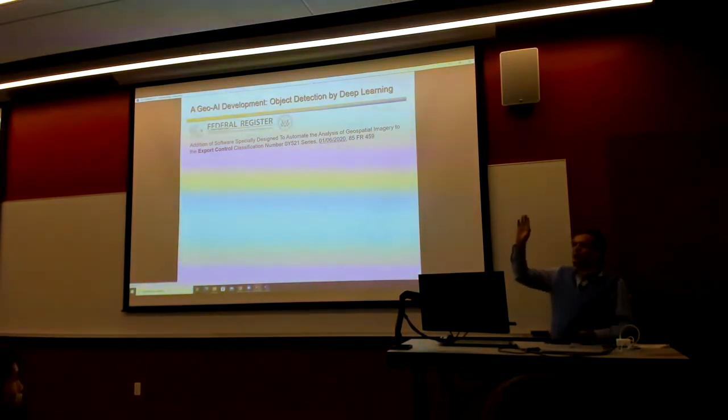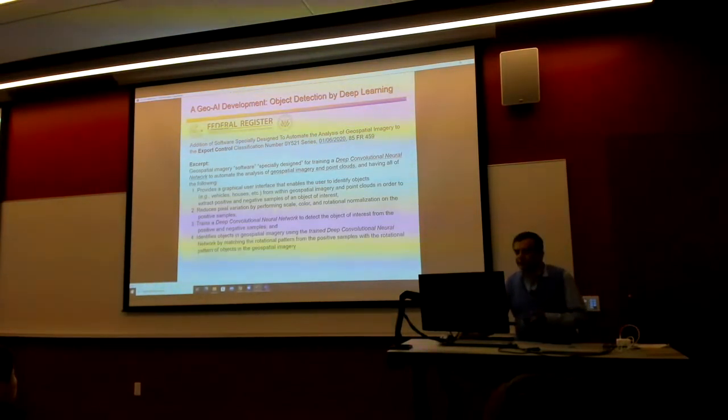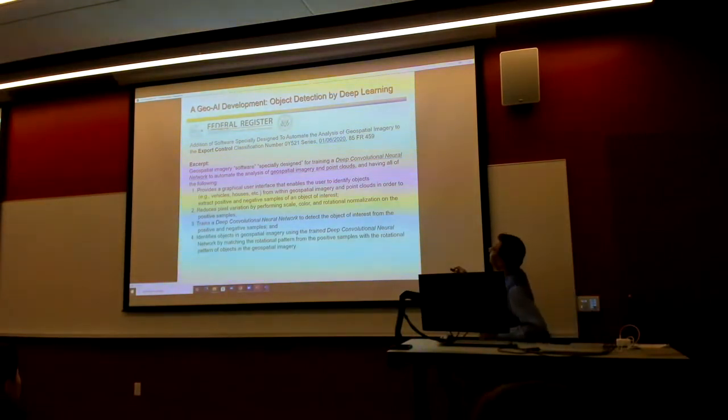But let me tell you, how many of us have played with deep learning here? One, okay, a few, all right. Let me show you what they wanted to protect, and tell me how sophisticated it is. All right. So they are looking at geospatial imagery, not any arbitrary video, as well as LiDAR. And just 4 things. The software has a user interface to create training examples.